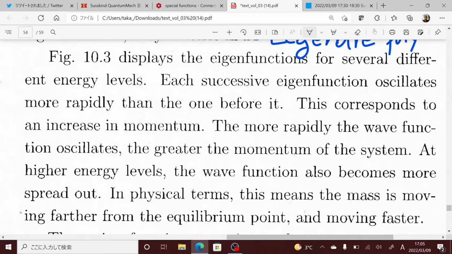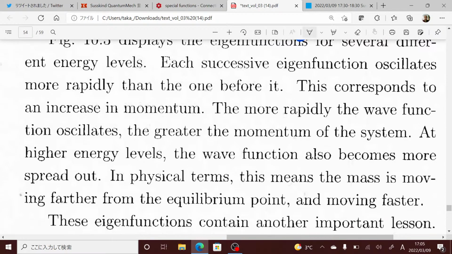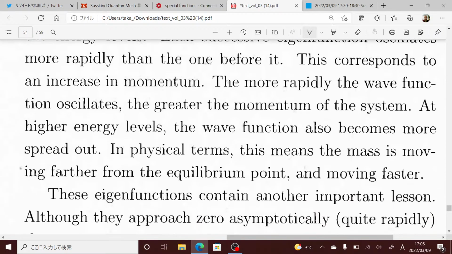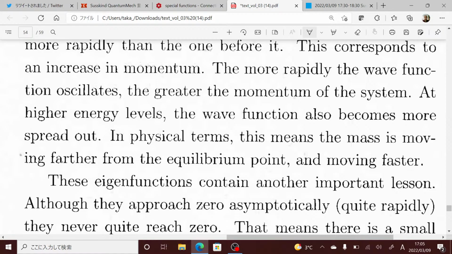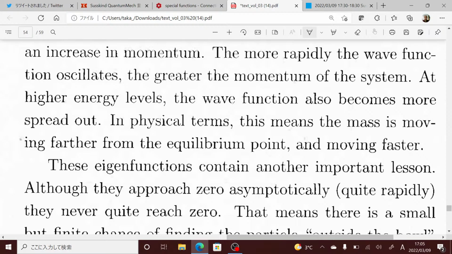The more rapidly the wave function oscillates, the greater the momentum of the system. At higher energy levels, the wave function also becomes more spread out. In physical terms, this means the mass is moving further from the equilibrium points and moving faster.